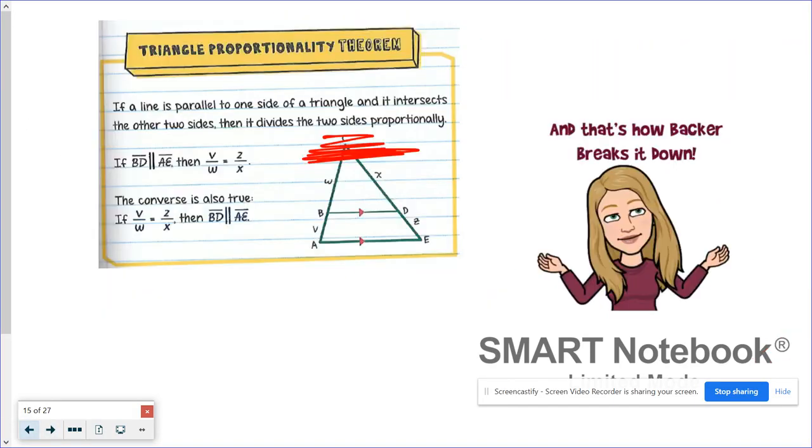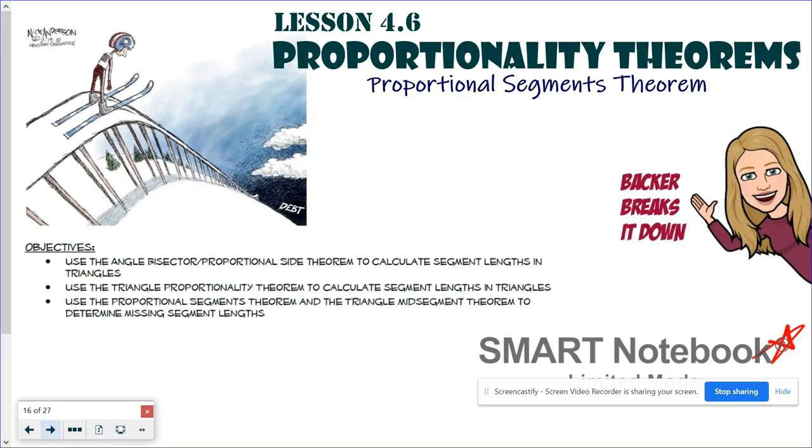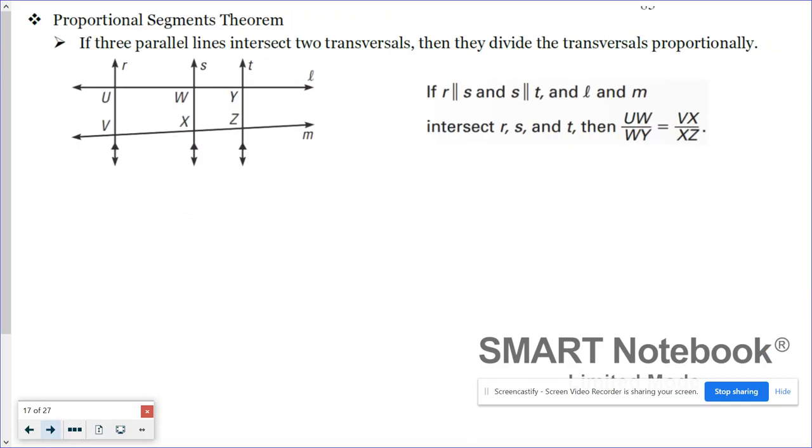So it's essentially our triangle proportionality theorem, but since we've chopped off part of our triangle, we just have these parallel lines creating segments, that's what we're going to be working with, right? And so you're going to see a lot of similarities between this theorem and how we set up the proportions and what we did in the previous episode.